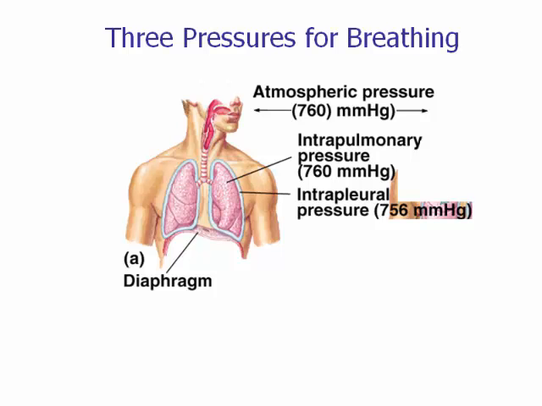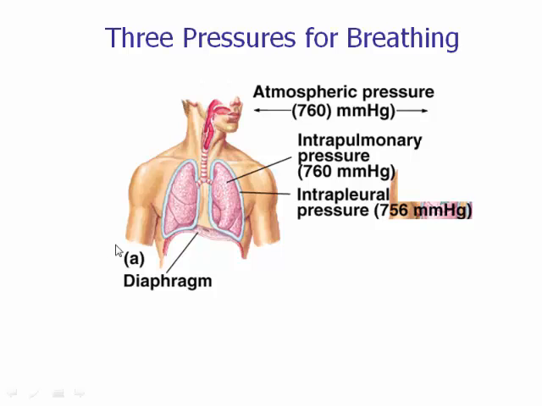It has a pressure, in this case, equal to the atmospheric pressure at 760. And then inside the pleura, which is that little space there, intrapleural pressure is a little bit less. It's 756 millimeters of mercury. So you see I just kind of had to cut this out of another picture. Okay, atmospheric pressure, intrapulmonary pressure, and the intrapleural pressure.